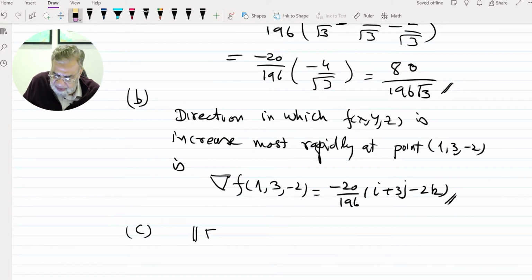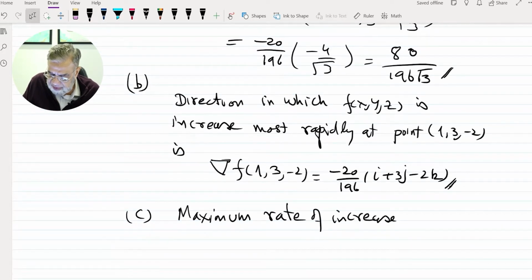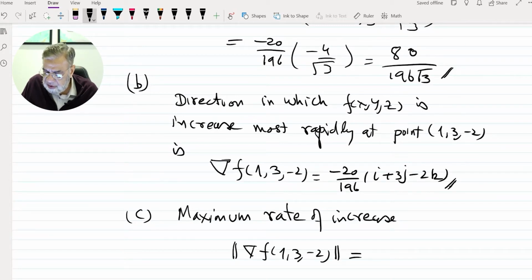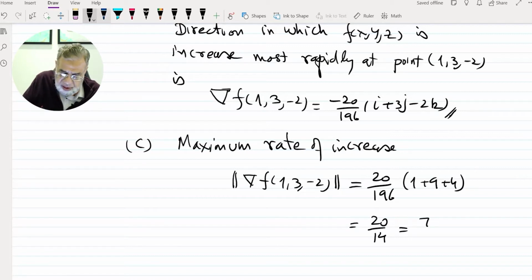Here is the value of the maximum rate of increase: it is the magnitude of the gradient at the point (1, 3, -2), which is equal to 20/196 times the square root of 1 + 9 + 4, and we can have this equal to 20/14, that is 10/7. The 14 is cancelled in 196, and this is our final result.